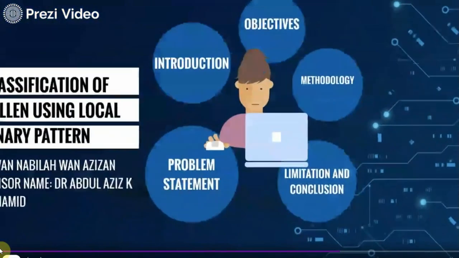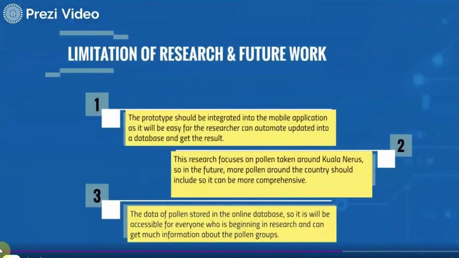Next, for limitation of research and future work, I can conclude that the prototype should be integrated into a mobile application so it will be easy for the researcher to automatically update into a database and get the accurate result. And second, the research can focus on pollen taken around pollinators.